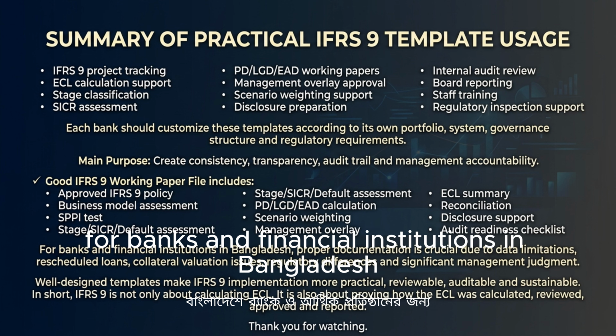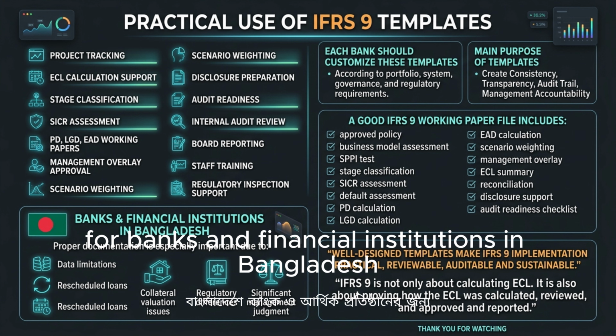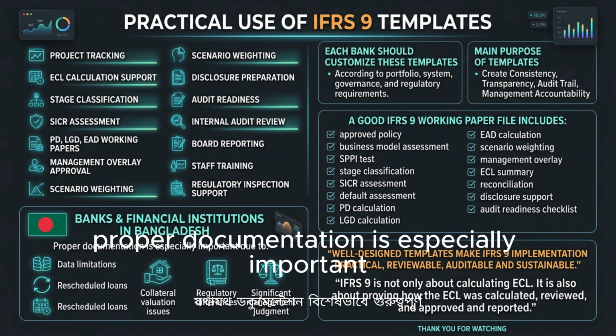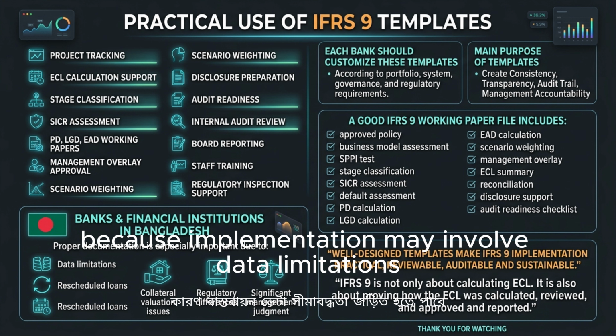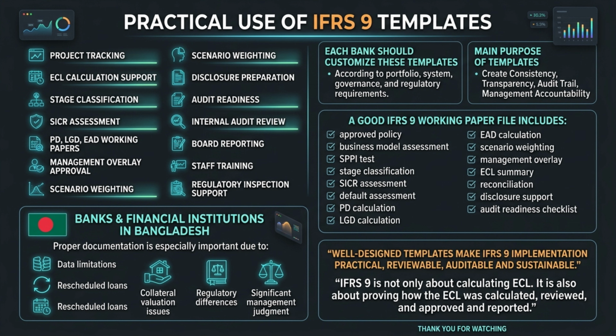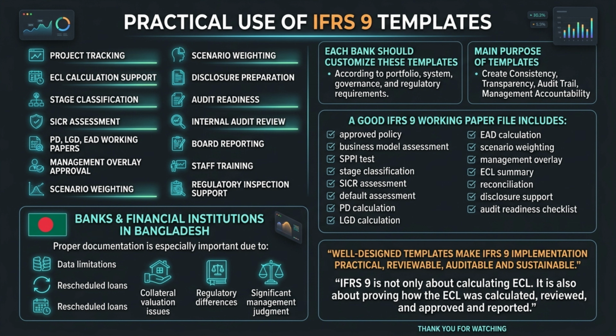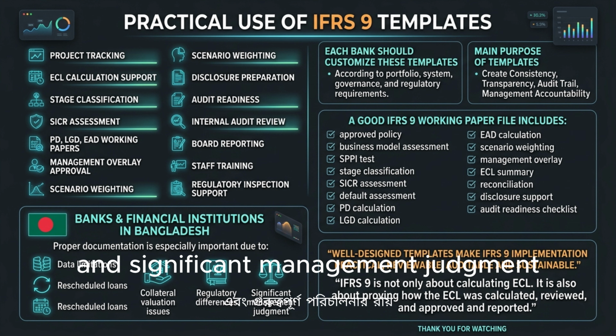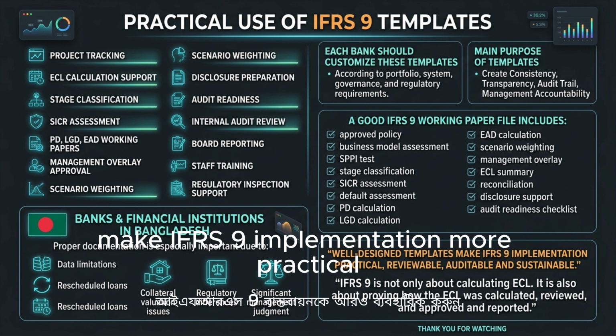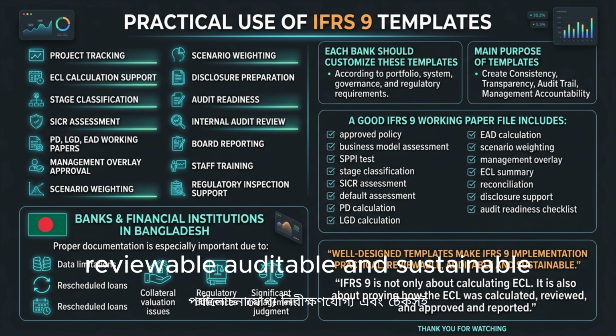For banks and financial institutions in Bangladesh, proper documentation is especially important because implementation may involve data limitations, rescheduled loans, collateral valuation issues, regulatory differences, and significant management judgment. Well-designed templates make IFRS 9 implementation more practical, reviewable, auditable, and sustainable.